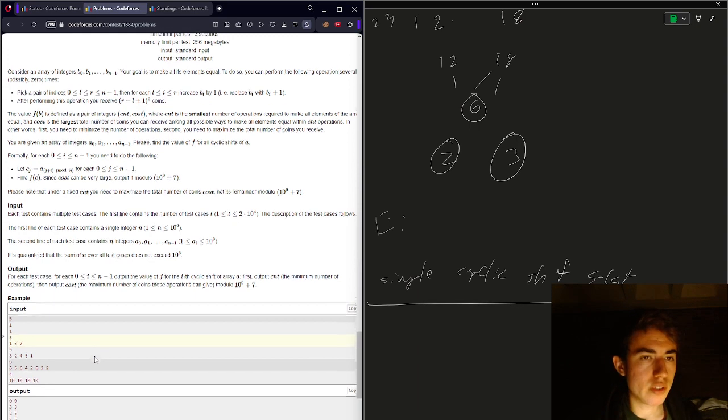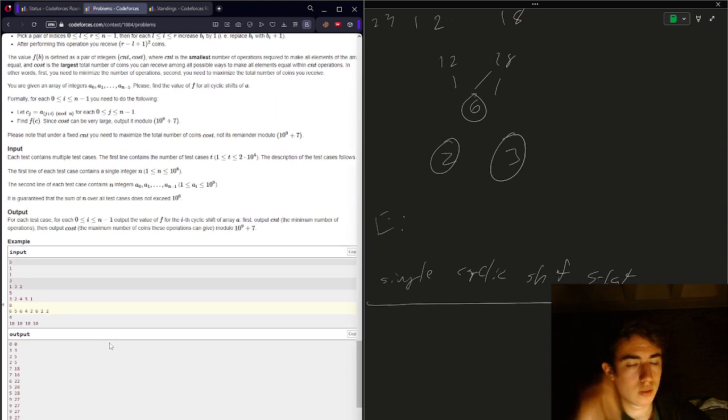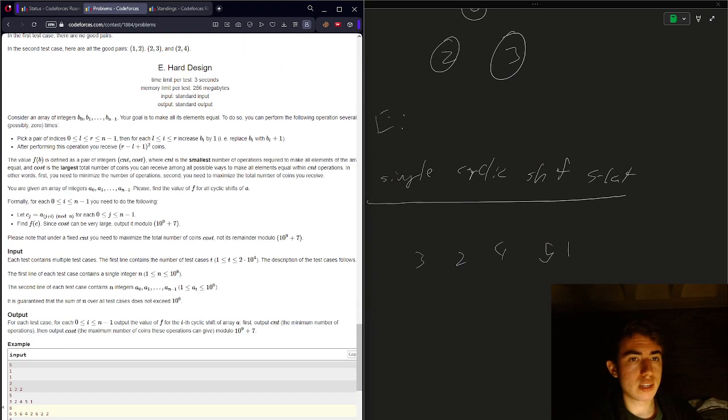Alright, what will that be? Well, let's think about the differences. Let's look at the example: 3, 2, 4, 5, 1. When we pick the pairs to increase by 1, what does that do?